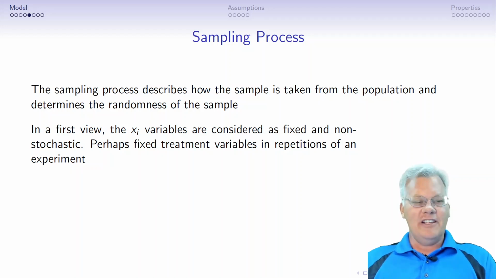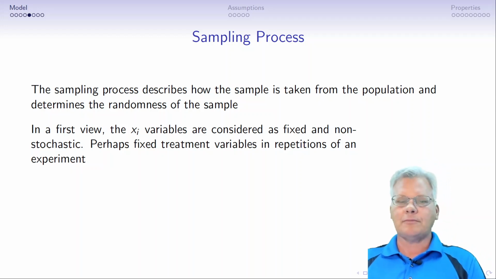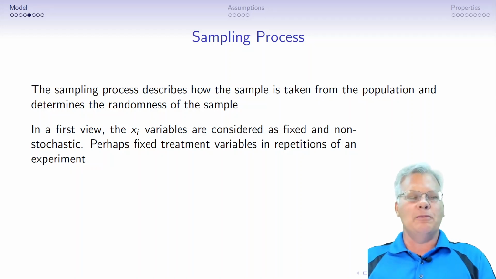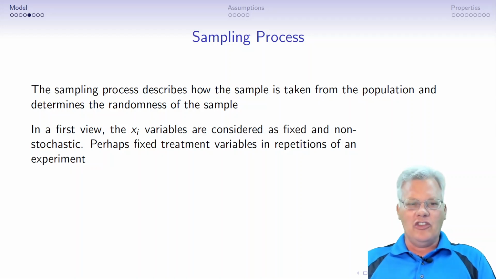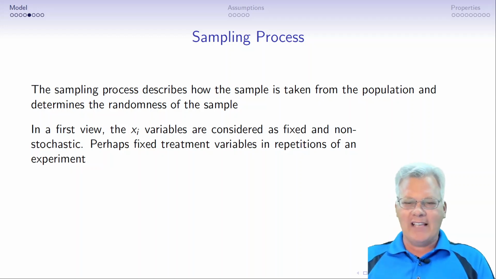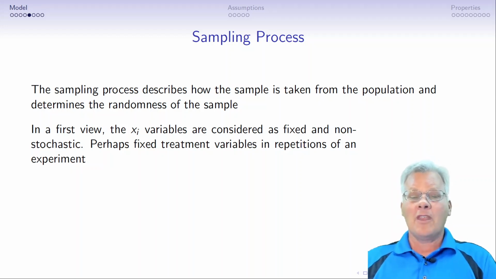Once we have this random value, this value that's drawn from the population, there's two possible views that we can have on the stochastic disturbance, or the values of the x's.